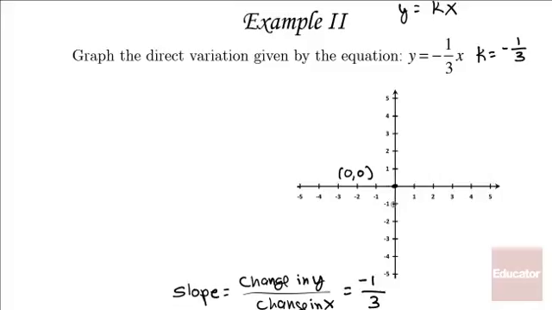So I'm going to decrease y by 1, and I'm going to increase x by 3, which is going to give a point of 3, negative 1. And then I could go ahead and run a line through that and have a graph of the line described by this equation, y equals negative 1/3 x. And if I wanted to, I could find additional points by decreasing y by 1 and increasing x by 3.